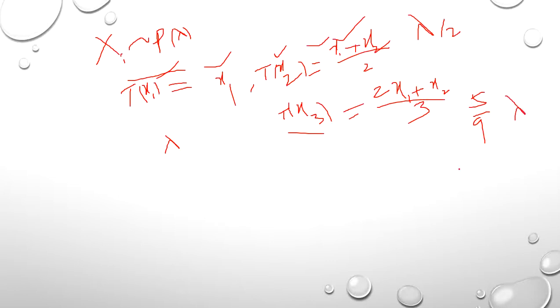We all know that the variance of aX is a square times the variance of X. Since the Xi are IID random samples, they are independent, so the covariance is 0. Here 2 square is 4 plus 1 is 5 upon 9.